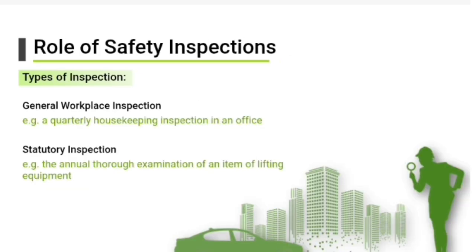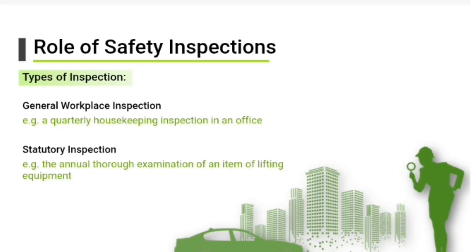Safety inspections play a crucial role in maintaining a safe working environment, and they come in various types, tailored to specific purposes. A general workplace inspection involves routine assessment of overall safety conditions, such as a quarterly housekeeping inspection in an office.